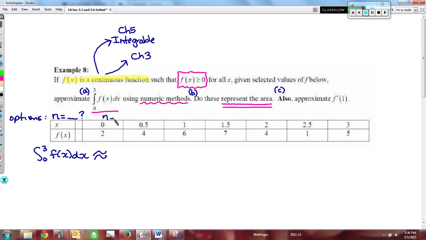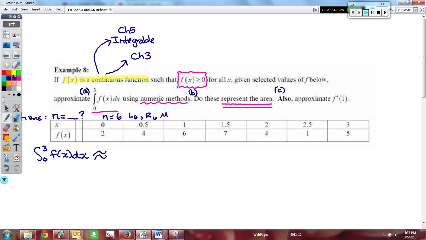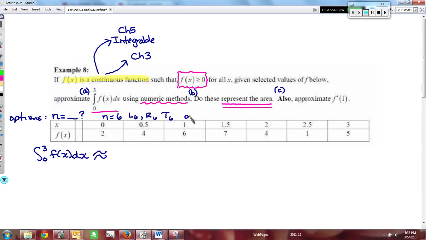You can do n equals 6 and do L6, R6, M6, and T6. Or we could do n equal to 3, because if I do 3, notice that very nicely they gave me a midpoint of 0 and 1, a midpoint of 1 and 2, and a midpoint of 2 and 3.